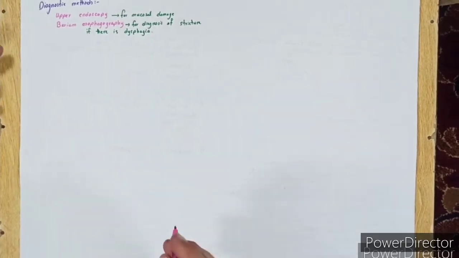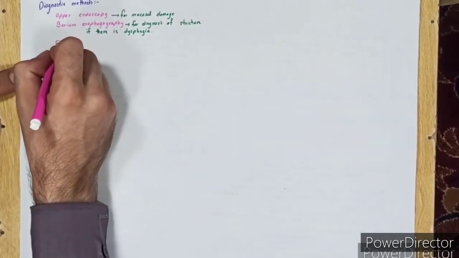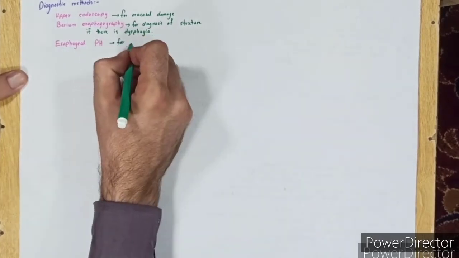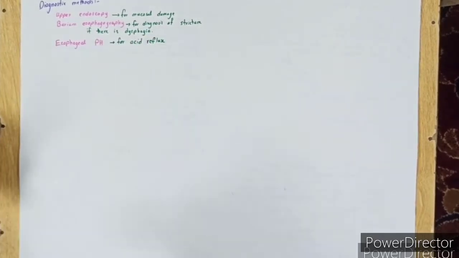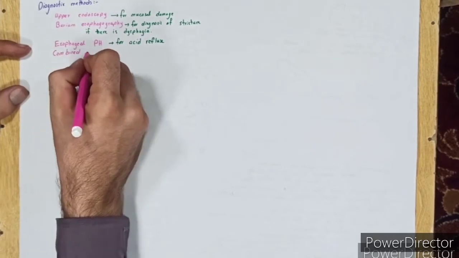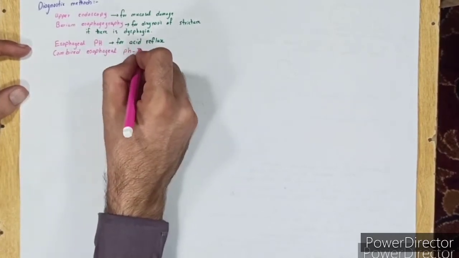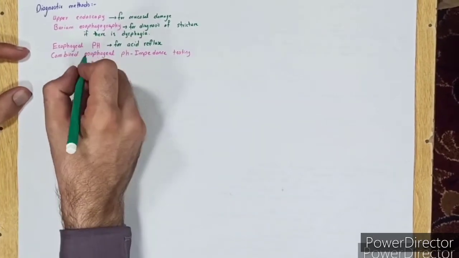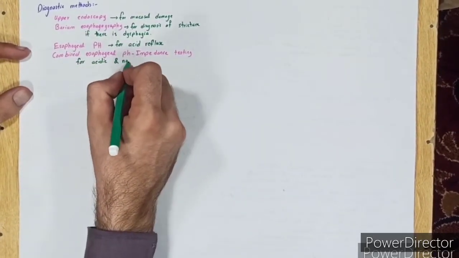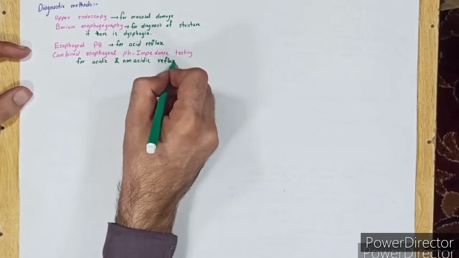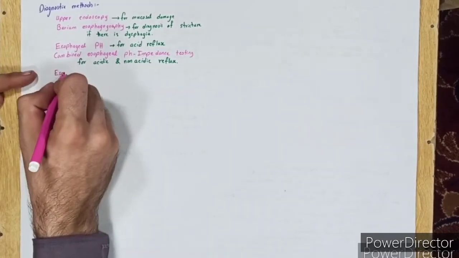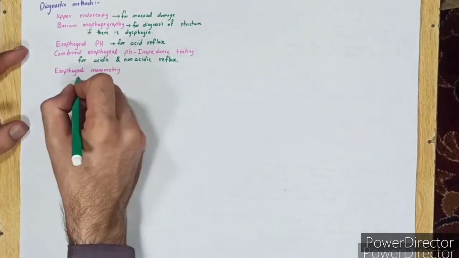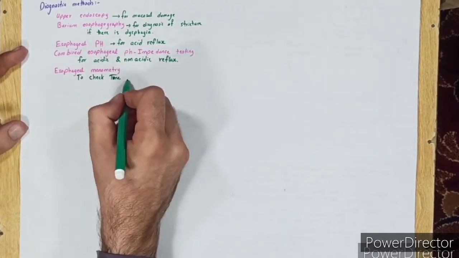Third one is esophageal pH checking for acid reflux. The fourth one is combined esophageal pH impedance testing. It is for acidic and non-acidic reflux. The fifth one is esophageal manometry to check the tone of the esophageal sphincter.